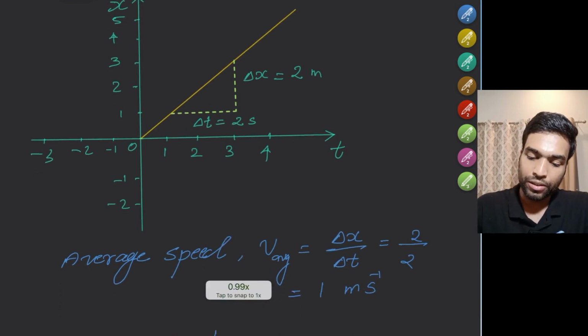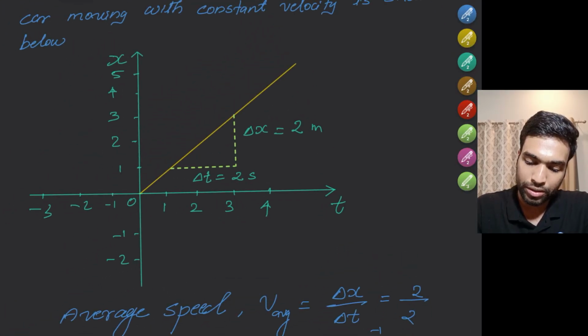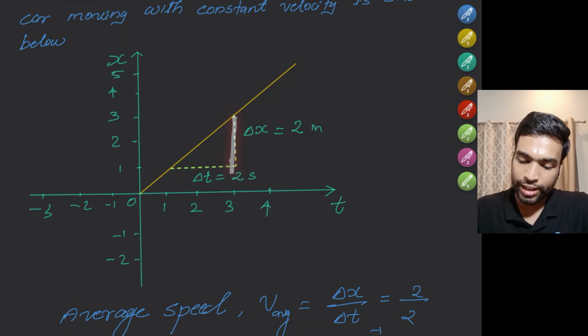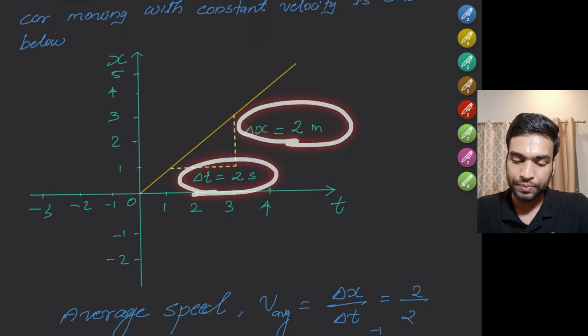So how do we find this slope? You take two points here and here, and also one corner is here, and you measure this delta t and delta x. So here delta x is equal to 2 meters and delta t is equal to 2 seconds.